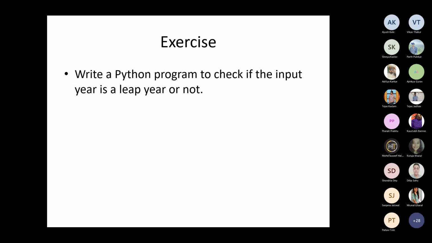No need to check that number of days. How you will come to know this is the February and all? Best way, just simply check. Read the year from the user. Okay, 2020, 2021, any. If it is divisible by 4, it is a leap year. Correct? Yes, sir. Come on. Check that way.